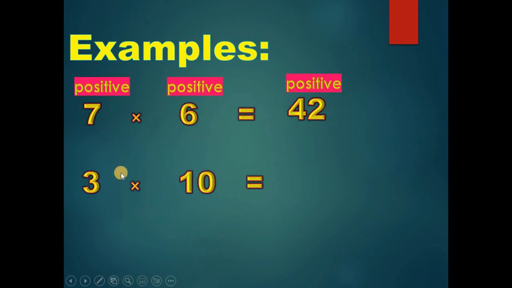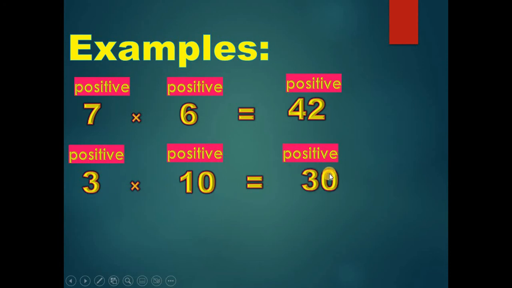Yan. So another example, we have here positive 3 multiplied by positive 10. So, dalawang positive, the outcome is positive. So, therefore, positive 3 times positive 10 is positive 30. And then, the last example, we have positive 2 times positive 7.